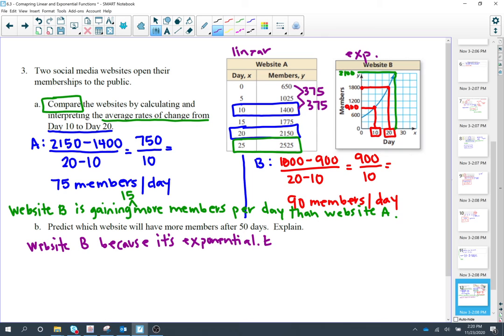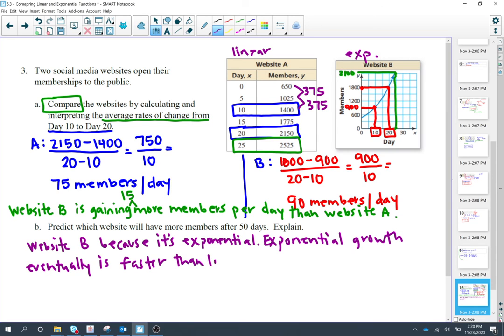And we know exponential growth eventually is faster than linear. It might start out slower, but eventually it's going to be faster and it's going to be higher.